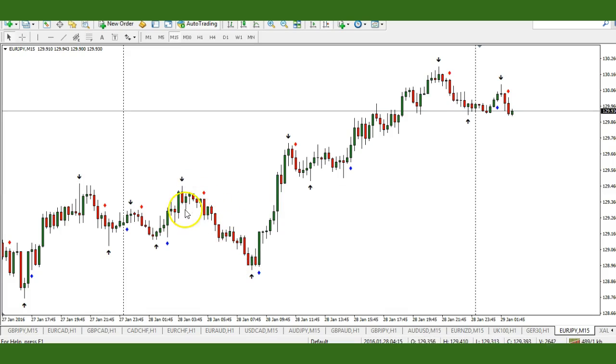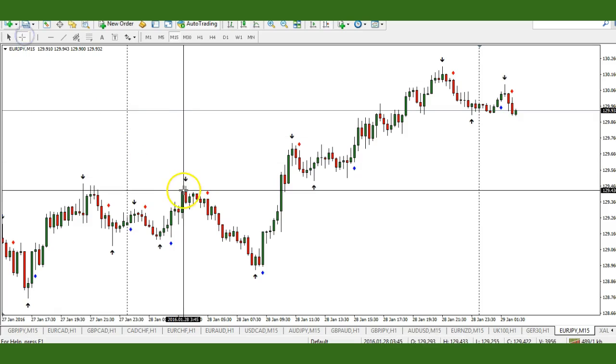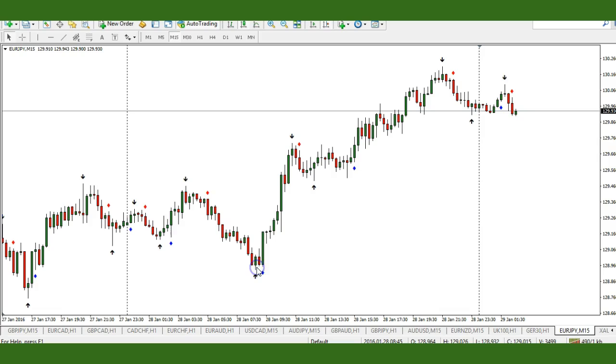For example, the market here generated 50 to about 55 pips to the downside. Then you get a signal, and you have to be looking at what happened prior to the alert.